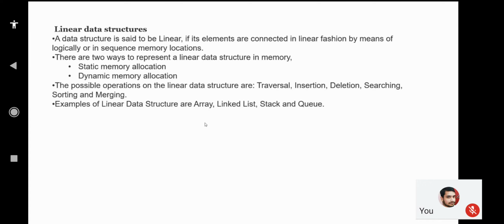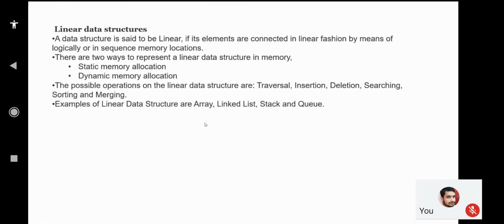Now, the possible operations of linear data structure. What are the operations that we can perform on data structure? The operations are traversing, inserting an element into your existing data structure, deleting one element from your existing data structure. You can search one element from your existing data structure.